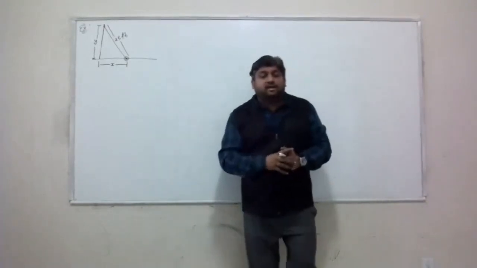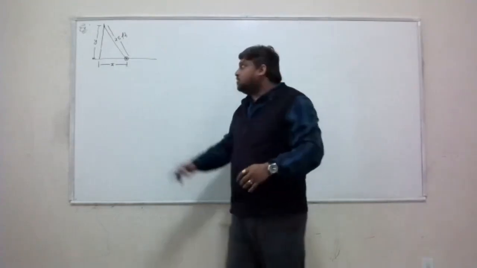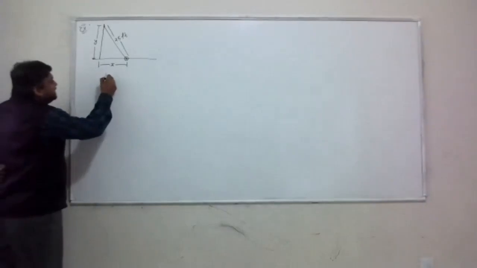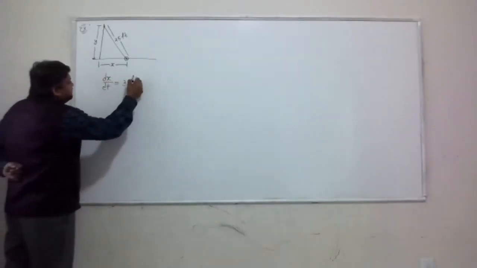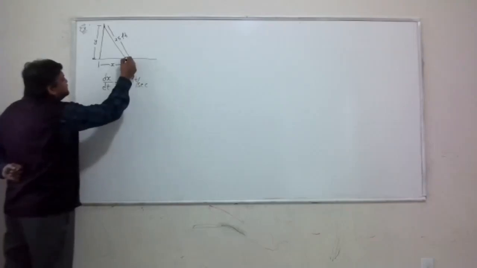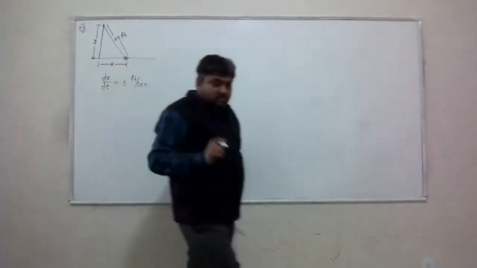A 25 feet ladder is leaning against the wall. Suppose the bottom of the ladder is sliding away from the wall at the rate of 3 feet per second. So every second, this portion is going 3 feet away from the wall itself.